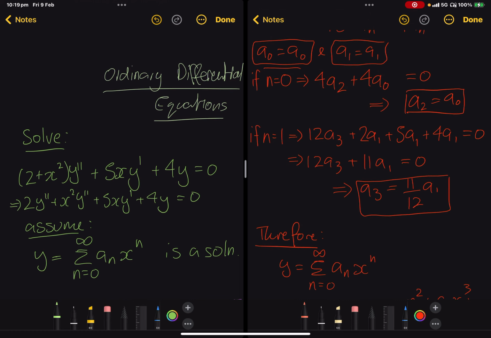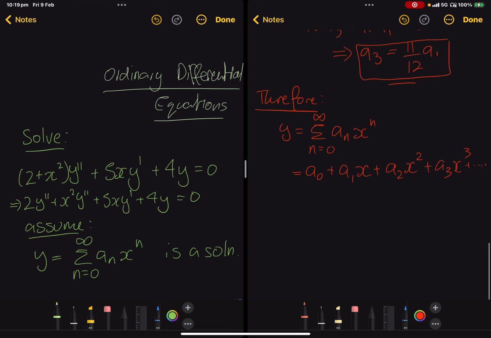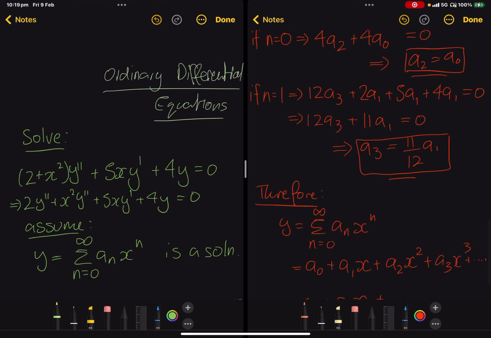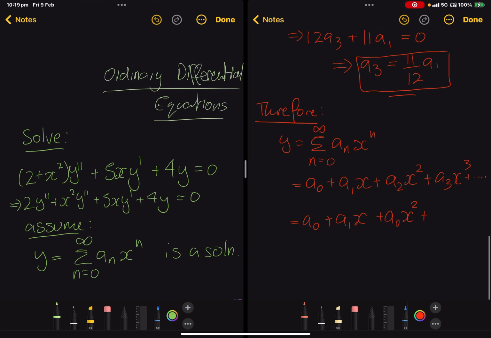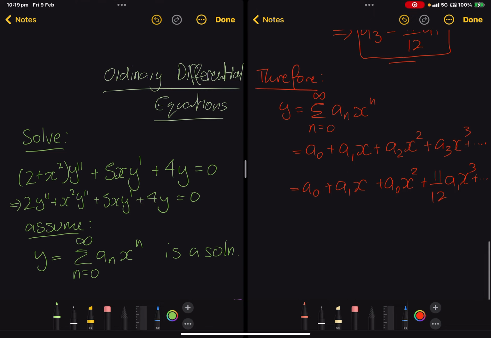So we have a0 is a0, a1 is a1, a2 is a0, a3 is 11/12 times a1. So we get a0 plus a1 times x plus, we said a2 was just a0, so plus a0 times x squared. We said a3 was 11/12 a1, so this is times x cubed, and so on.